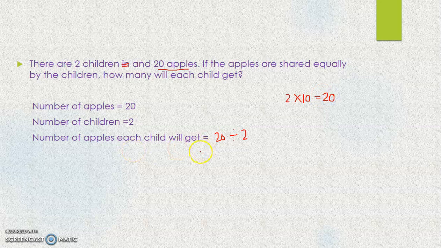So number of apples each child will get is equal to 10. So here the thing to be shared is apples. How many apples are there? 20. How many children? 2 children. So number each child will get is equal to 20 divided by 2, which is equal to 10.